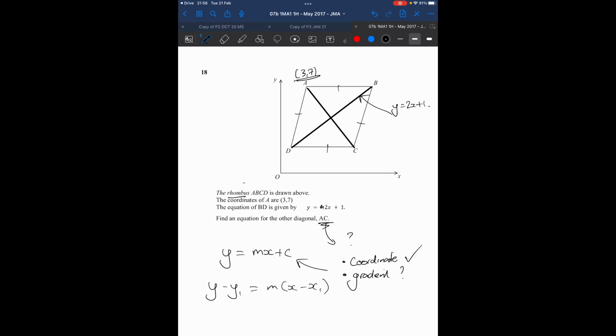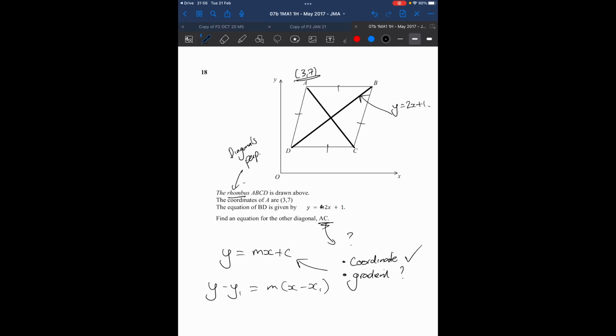So this is when you need to know something about a rhombus. In a rhombus, the diagonals are, any guesses? Can you see it approximately? Well, they're actually perpendicular. The diagonals are perpendicular, and we need to know that. For perpendicular lines, the rule is that they are the negative reciprocal of each other.